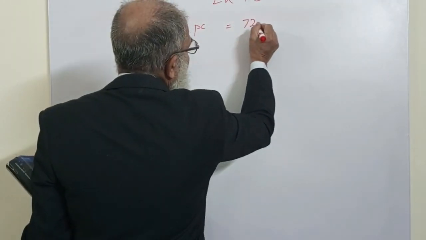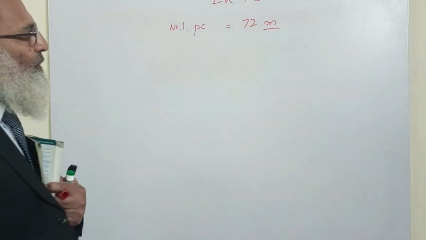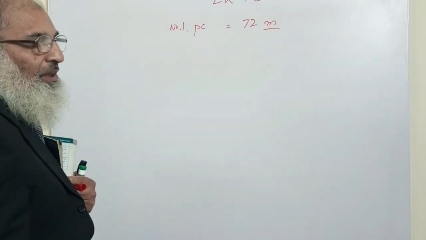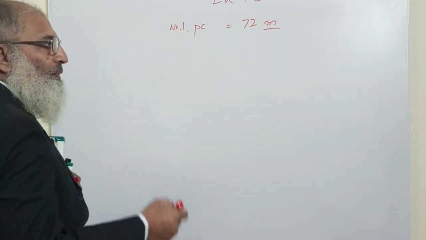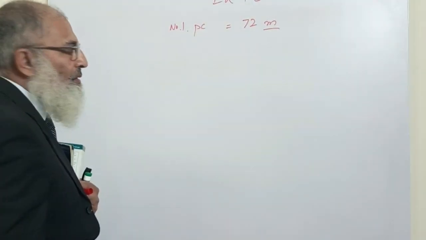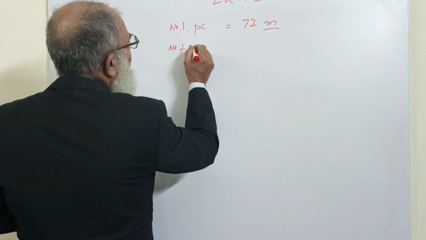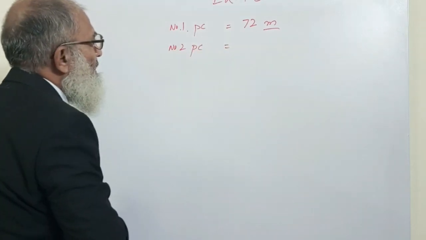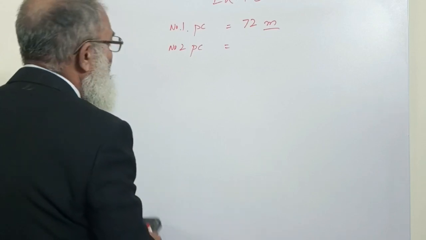Now this is 72 meters. And I tell you that always write units. Whenever you get a unit in the question, you write the unit. Just write the abbreviation of the unit. It is enough. And number two piece is how long? It is 90 meters long.